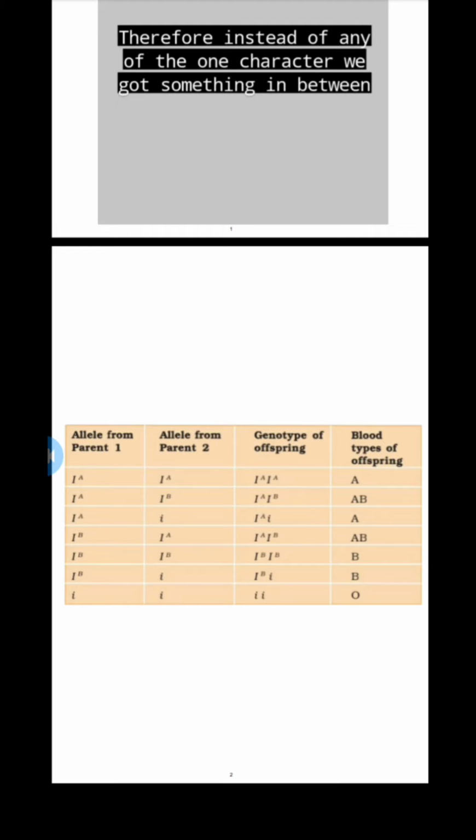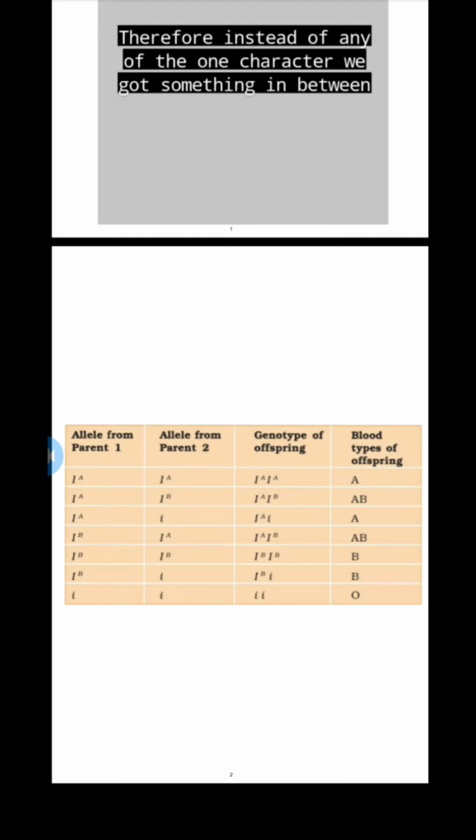If one allele is IA and the second one is small i, the progeny will have A blood grouping, because here dominance will take place. If one parent is IB and the second one is IA, the progeny again will be AB blood grouping. If one parent is IB and the second parent is again IB, the progeny will have a B blood group.